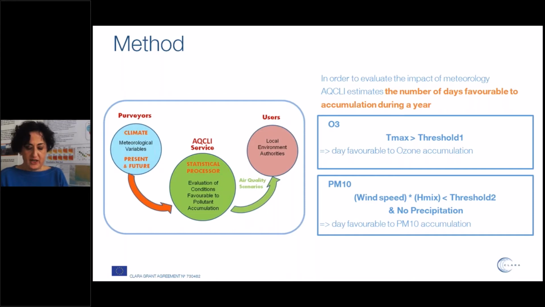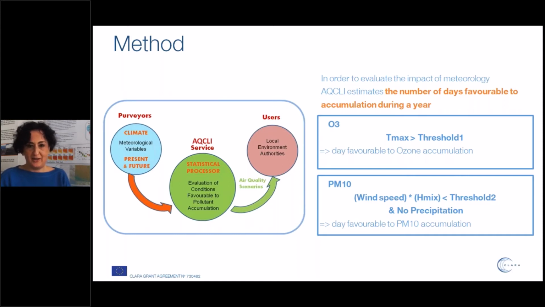For PM10, the relation between meteorological conditions and high concentration has to consider more variables. PM10 is partly due to primary emissions and partly is secondary. So in this case, Aqcli considers the relation between meteorological and dispersion or accumulation.